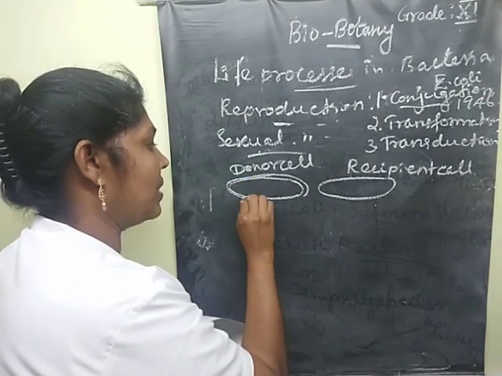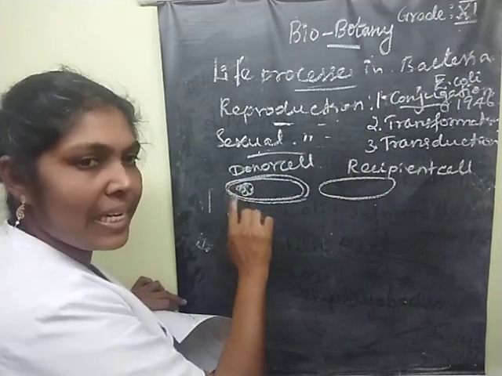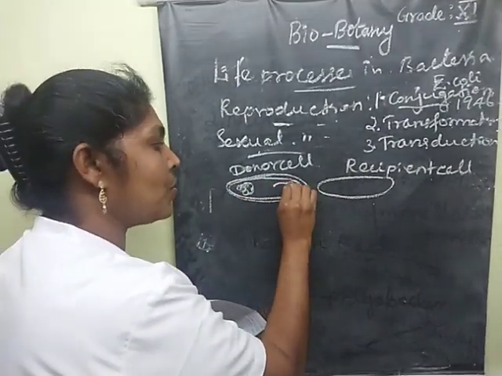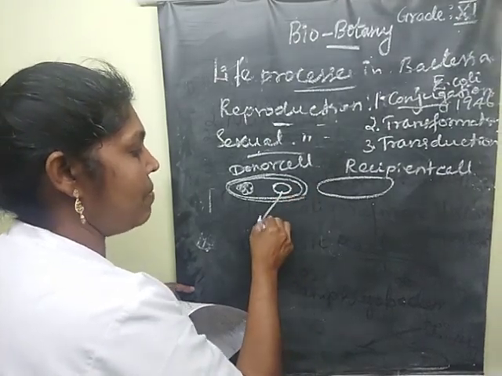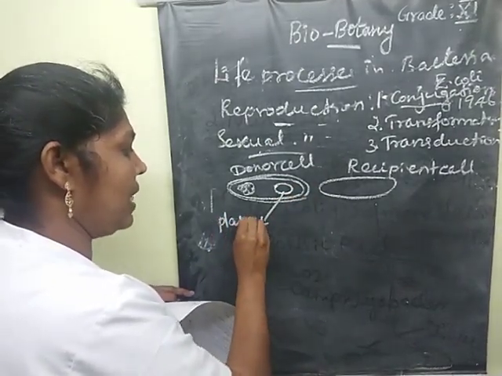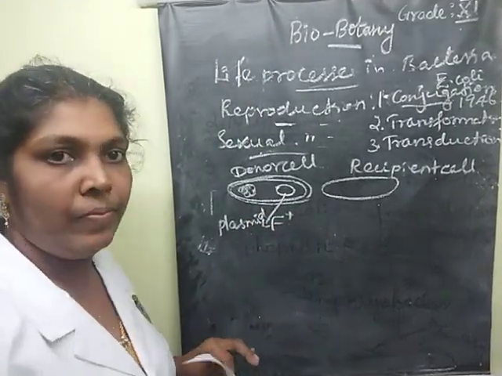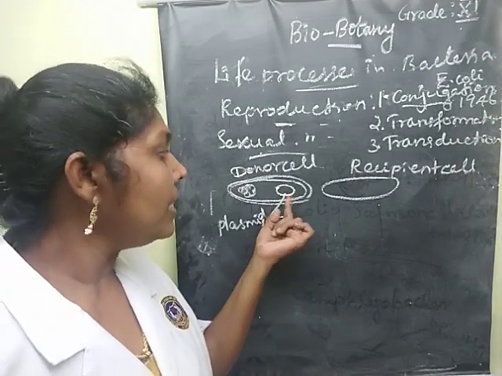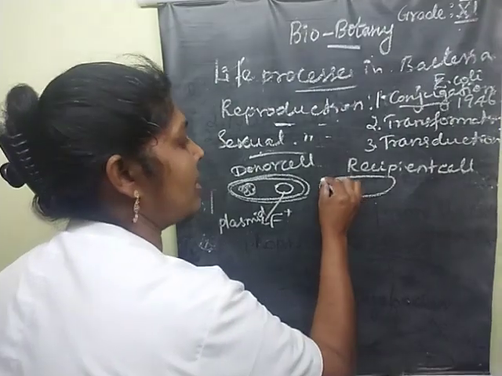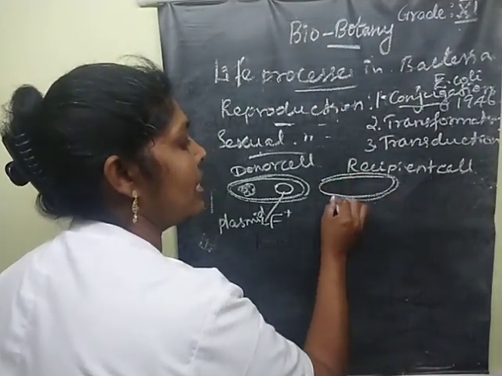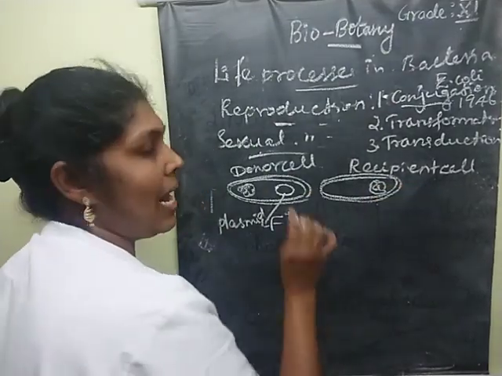It has a bacterial chromosome and also an F plus factor, which is called a plasmid. The other bacterial cell has only the bacterial chromosome but no plasmid.